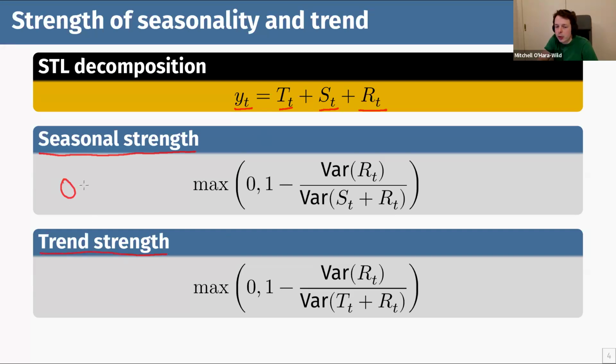And these are numbers between 0 and 1, where 1 is strong seasonality and strong trend, and 0 is no trend or no seasonality.